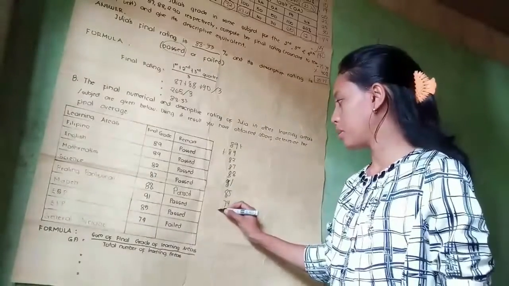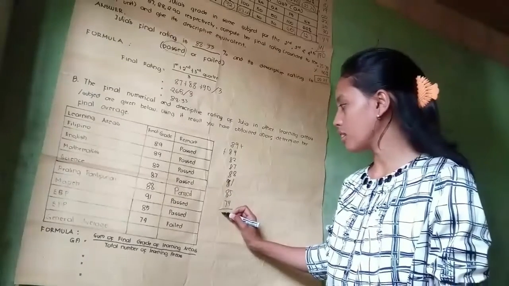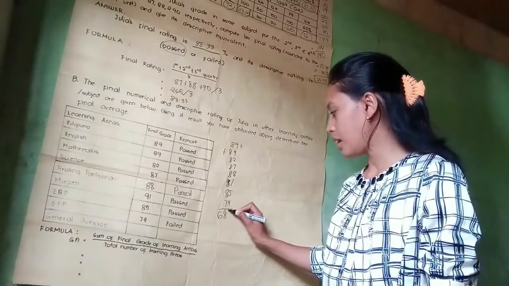So we will add these 8. The total of these 8 is 685.